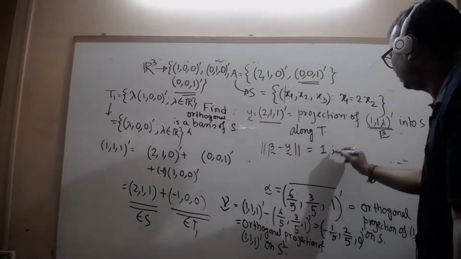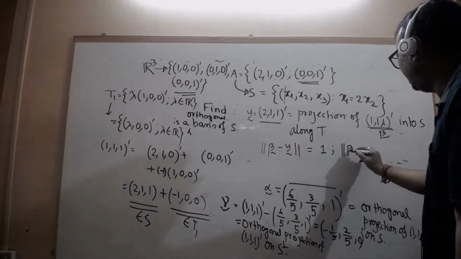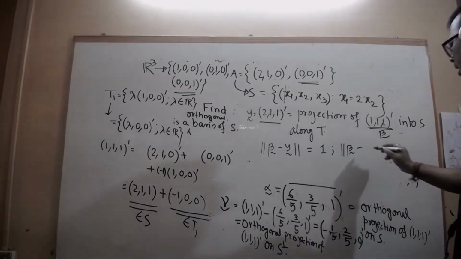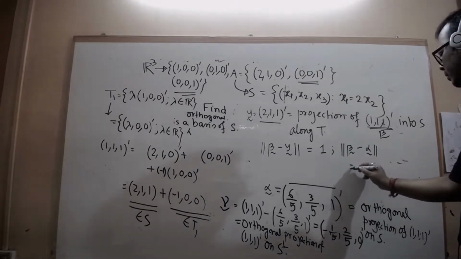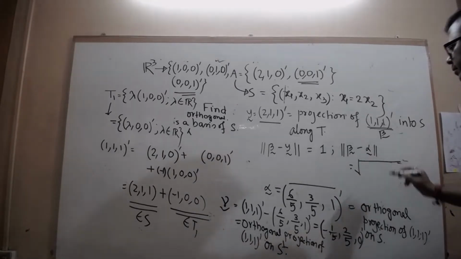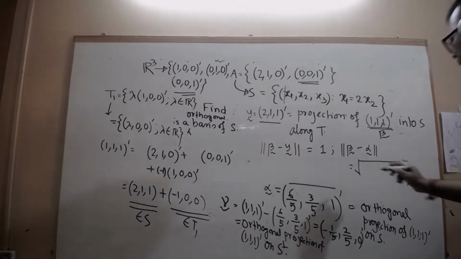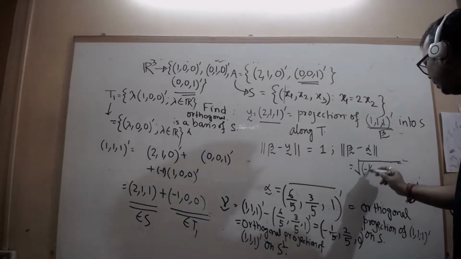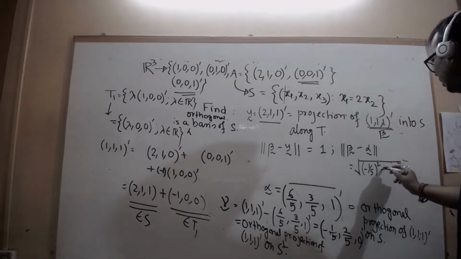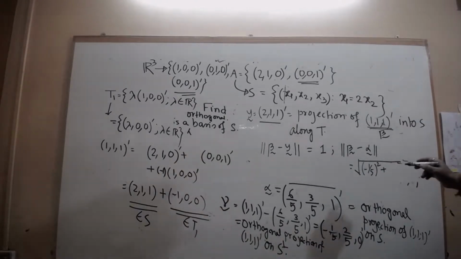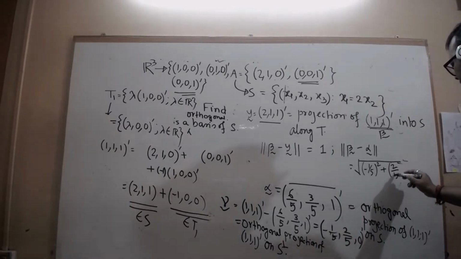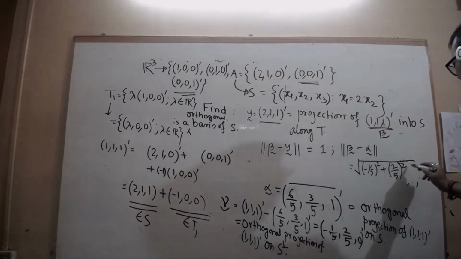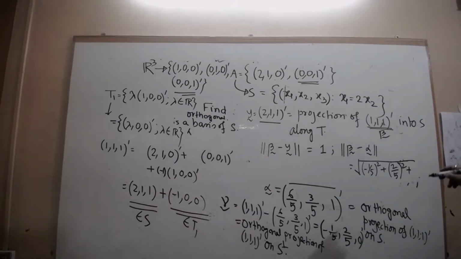Now beta curve minus alpha curve is equal to root over (1 minus 6/5)... (1 minus 1/6 means minus 1/5) whole square plus (1 minus 3/5 is 2/5) whole square plus 0 square.